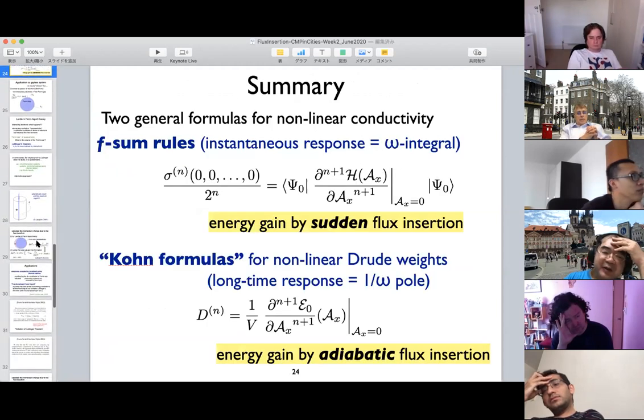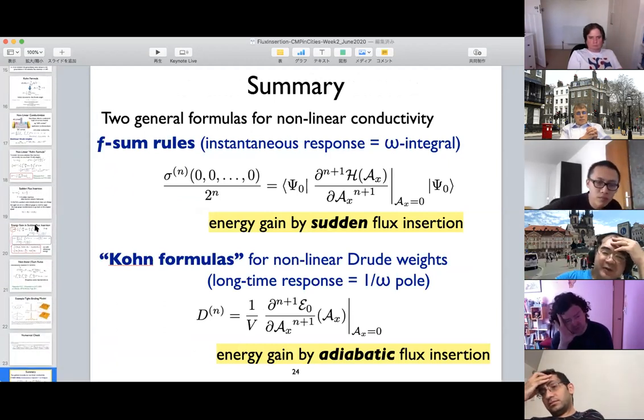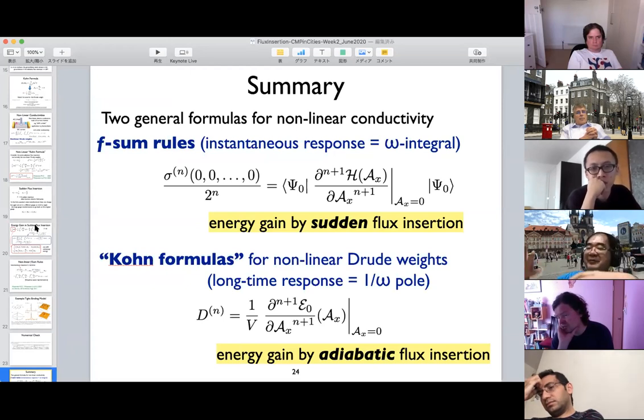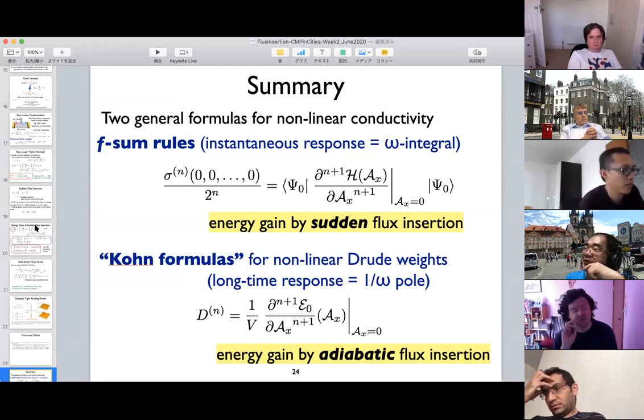Maybe I'm wrong, but my understanding is that this entire formulation, we just start from some equilibrium state or ground state for a given Hamiltonian, then apply an electric field and see how much current is flowing as a response to this electric field. So this formulation does not take relaxation into account, at least explicitly.